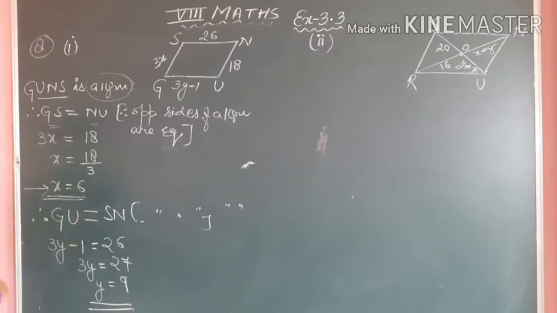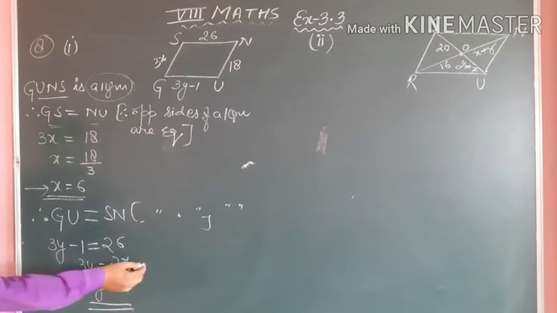Now we have our answer 6. Again, both are equal. Now we have formed an equation. When we transpose this negative to other hand, it will become positive, and add 26 become 27. When we divide by 3, 27, why we divide? When we transpose this to other hand, it will become divided. 27 divided by 3, that is called 9.